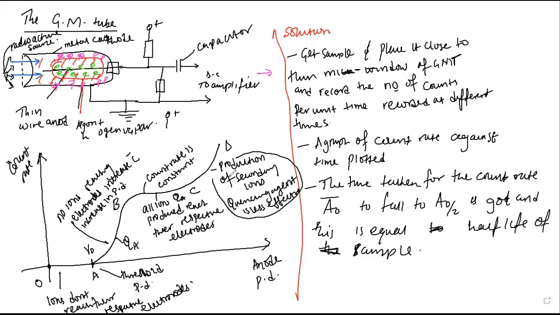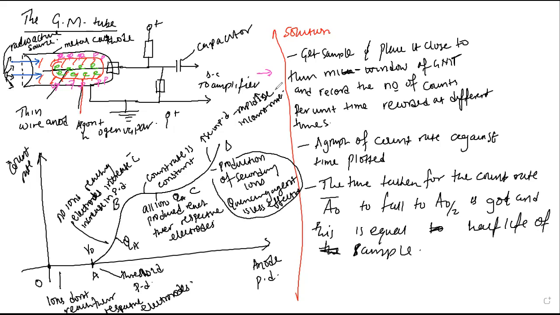So in this case, a small increase in PD brings about a rapid increase in the count rate. Okay, so you can summarize that graph like that.